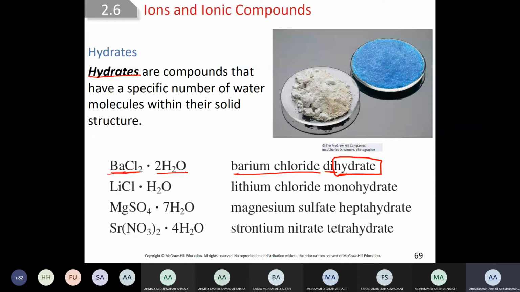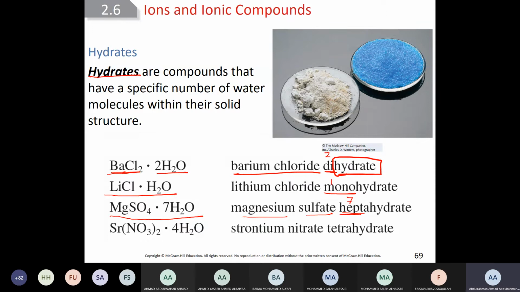So don't look at the answer here. Name this compound. Lithium chloride monohydrate. Monohydrate, 1. All right. Good. What's the name of this compound? Di means 2. Sulfate. Magnesium sulfate heptahydrate. Hepta means 7. Di means 2.